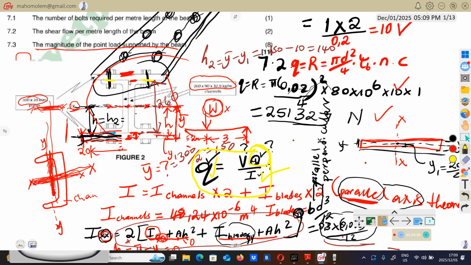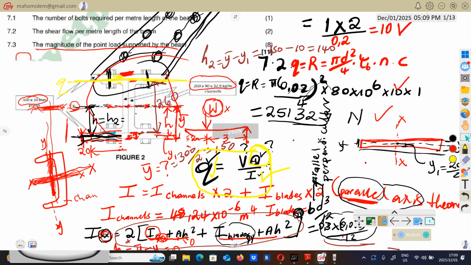Remember, our bolts will join this top surface and this one here. So now we have to find the force that will be created here. We want to know the shear flow that we will find here in order to find the number of bolts that you will need and the size of the bolt that you need. You have to find the force that will be created there. So that is our area of interest.